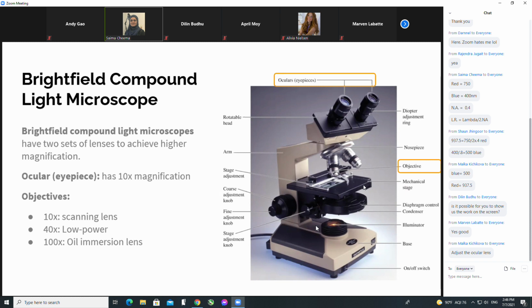So the idea behind the oil immersion lens is to have a continuous film of oil between the slide and the objective lens, so that the light always passes through the oil. Okay, we're going to talk about why that's the case. And one of the things that you want to always remember is that the only lens that should get oil is the oil immersion lens. None of the other lenses should come close to oil.